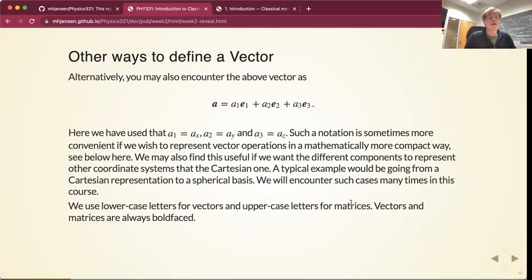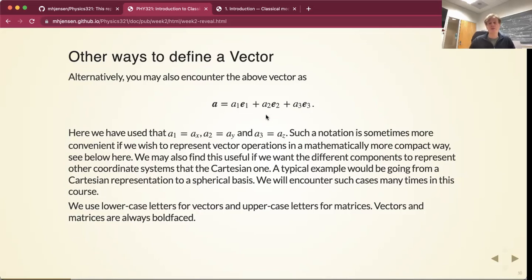Another type of notation which you can encounter is more generic. It doesn't need to refer to a Cartesian system. So this could be an A1, and if you're making a transformation to spherical coordinates, E1 could be the unit vector for one of the angles, and E2 for the other one.